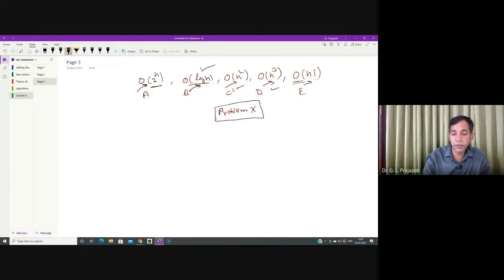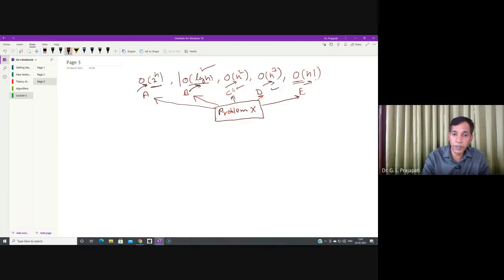A is solving problem x, someone has written algorithm B for solving problem x, someone has algorithm C for x, someone has D, someone has E. So among these available algorithms, which one will we prefer?